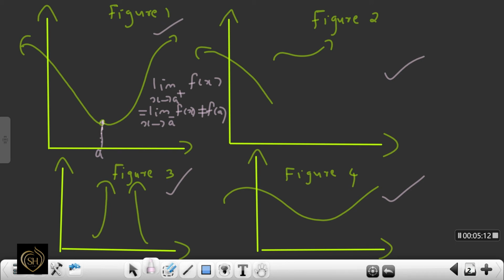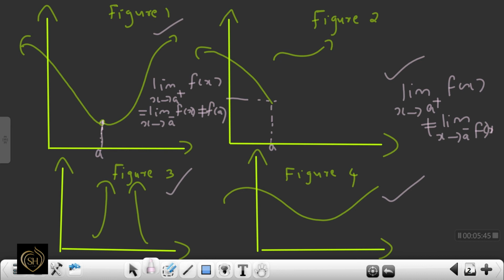Coming to the second one, limit x tending to A from the right side and limit x tending to A from the left side are not the same. That is, limit x tends to A plus f of x not equal to limit x tends to A minus f of x.